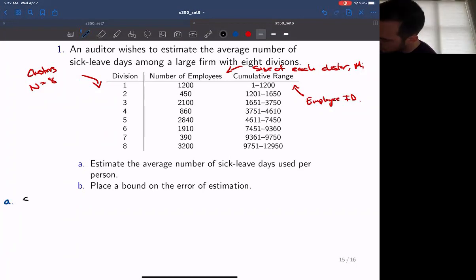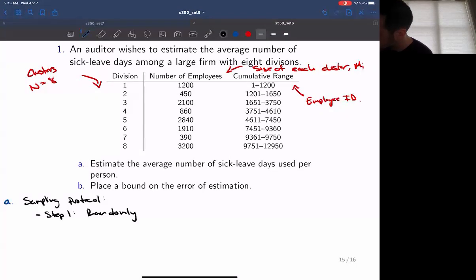We'll call this the sampling protocol. Step 1, we will randomly select 3 people using IDs between 1 and 12,950.